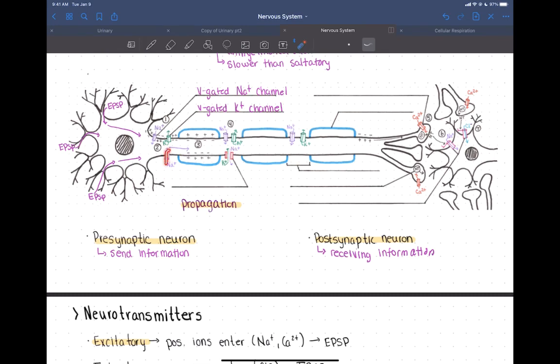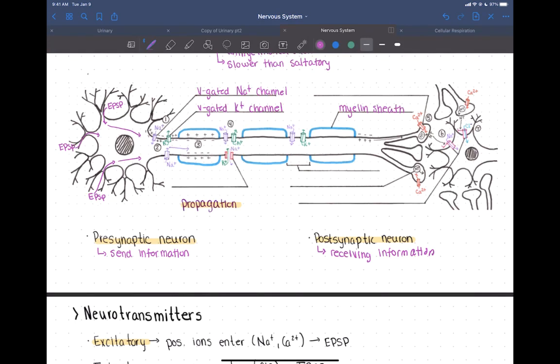It diffuses down through this myelin bead. Just a reminder of our structure: these blue boxes are our myelin sheath. Each one is going to be a little myelin bead.